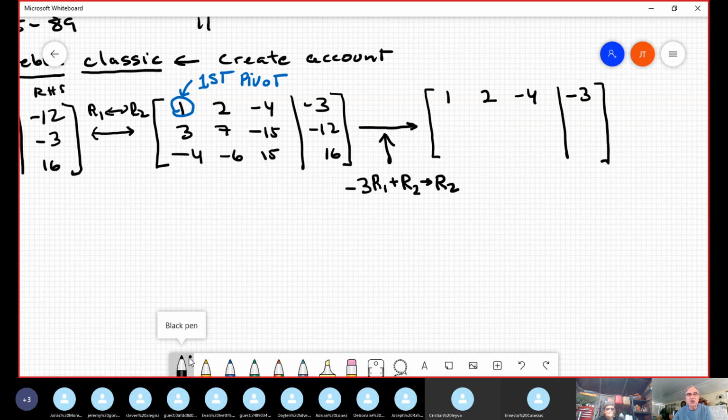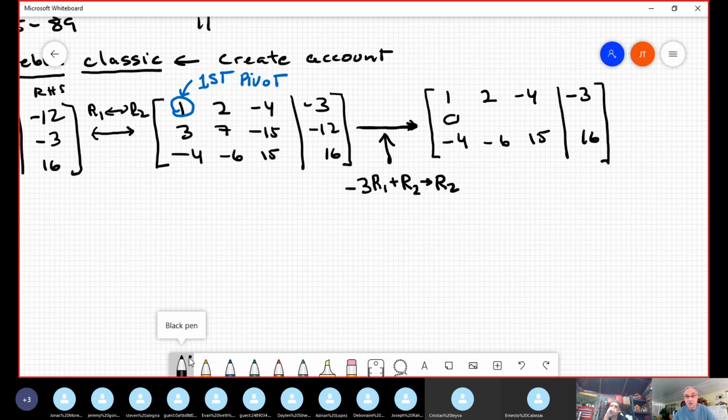Now the only row that can change in this operation is row 2. So this number is different, but this number stays the same: -4, -6, 15, and 16. Let's do it. You multiply 1, this one, times -3 is -3. -3 plus 3 is 0.